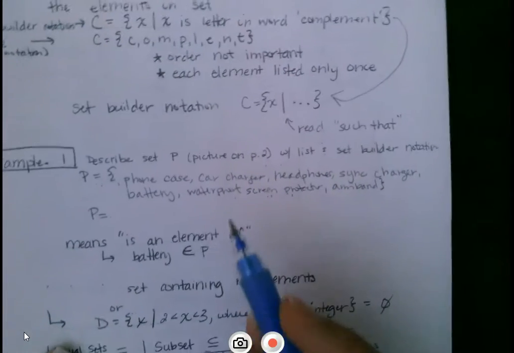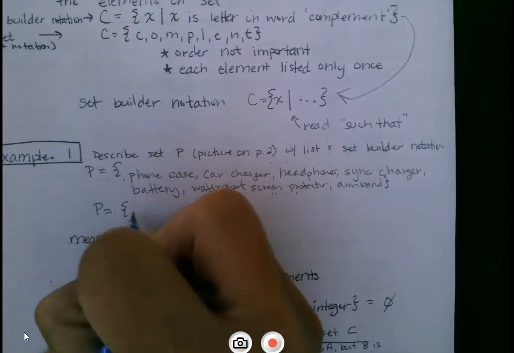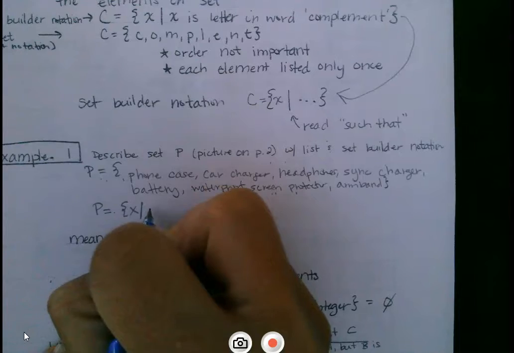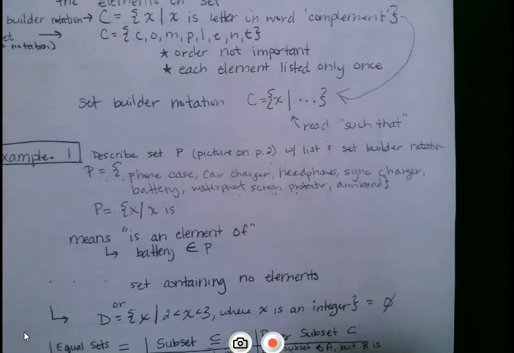So P equals, when we put our braces, X such that X is, what is X? Electronic stuff. Okay, phone stuff. If you read the caption, or the information up here, which we did not do, I don't think.